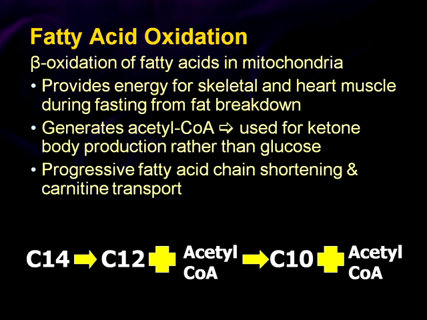So depending on where your defect is, whether you're a very long chain, a long chain, a medium chain, or a short chain, when you look at your acylcarnitine profile, knowing if you're elevated in your C6s, your C10s, your C14s, your C18s tells you if you are short, medium, long, or very long.